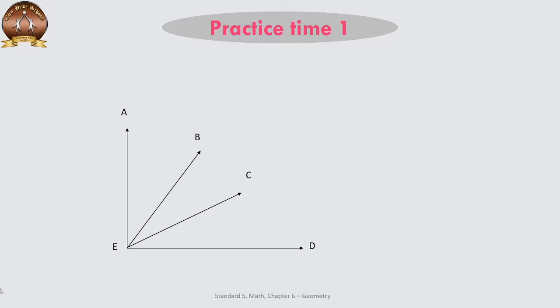You have to name those angles. The name of the angle starts with a capital letter, then a symbol, then the vertex should be in between. You can see that the vertex is E. The first angle that you can see here is AEB.